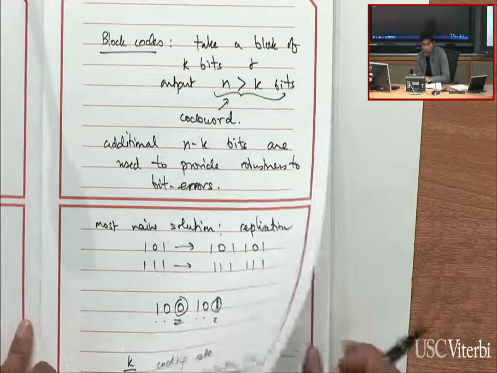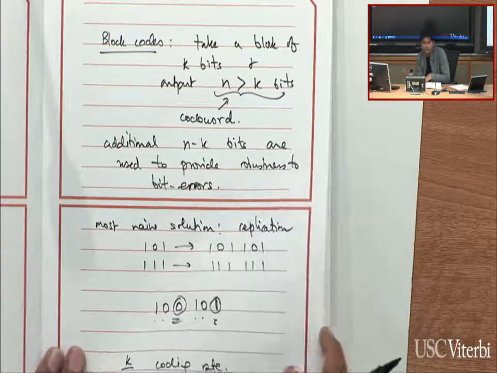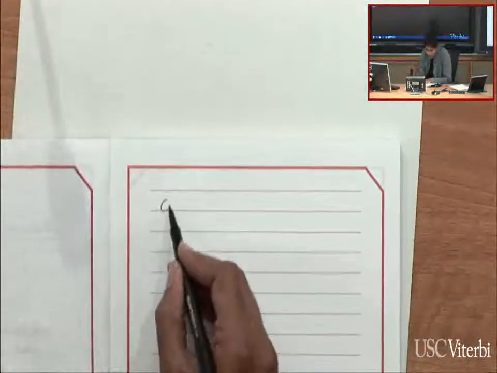So an alternative to block codes, also for performance reasons, that's often used is known as convolutional codes.